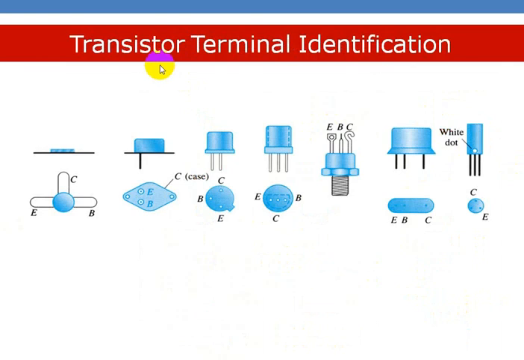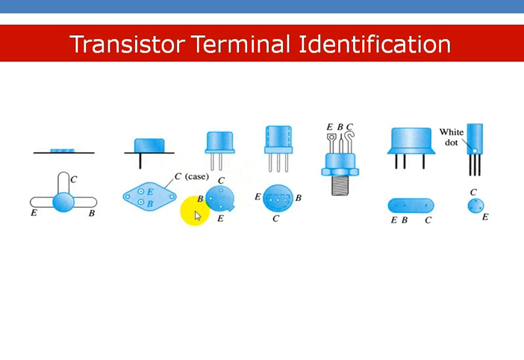Coming to the transistor terminal identification, the transistors are available in different packages. For example, take this metal can package. There is a projection here. The terminal which is nearer to this projection is called the emitter.